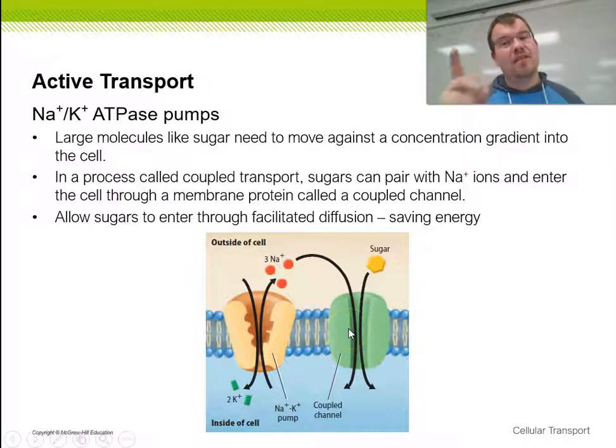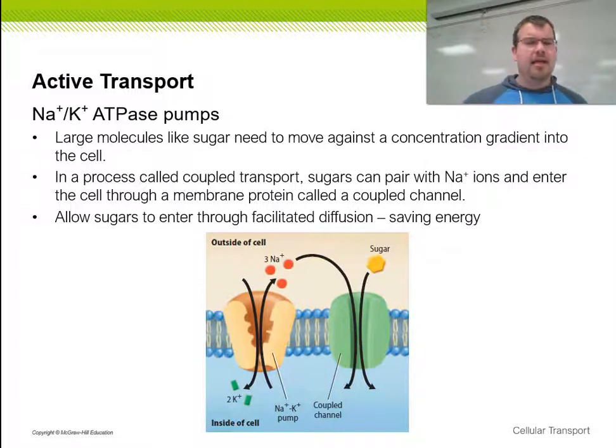But here's the really clever thing: in this process of coupled transport, sugar molecules pair up with the sodium ions and enter the cell through the membrane coupled protein channel. This allows sugars to enter through facilitated diffusion, saving energy. In other words, I'm getting an energy source without spending energy.